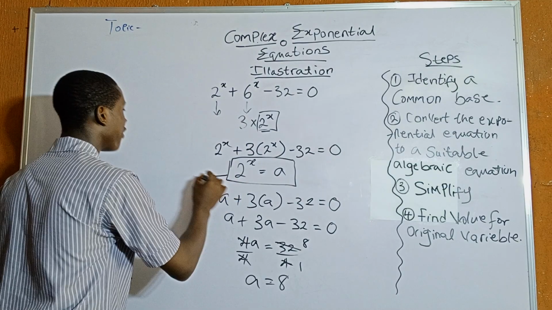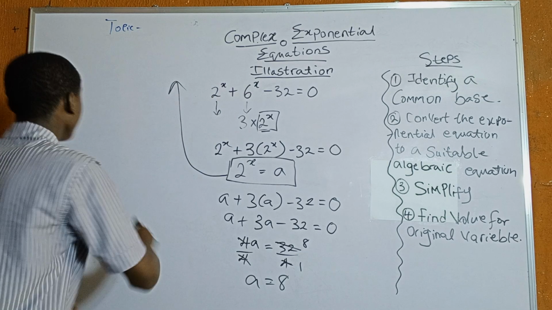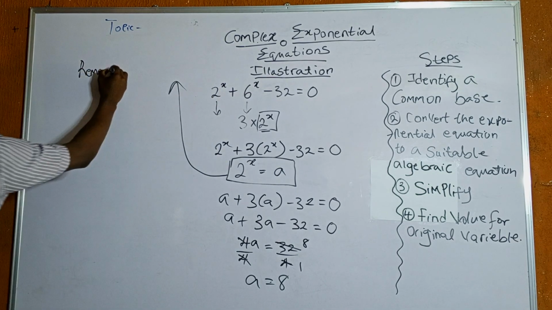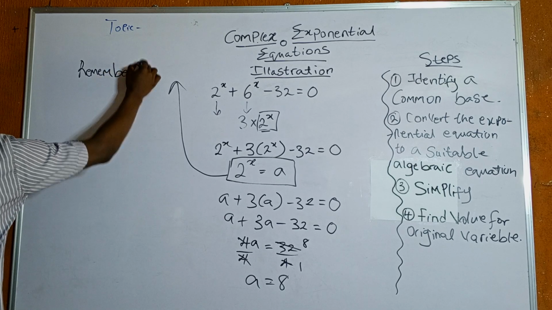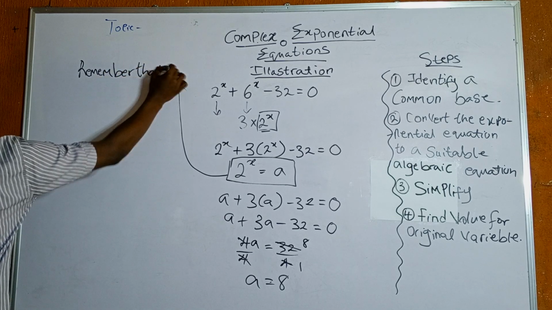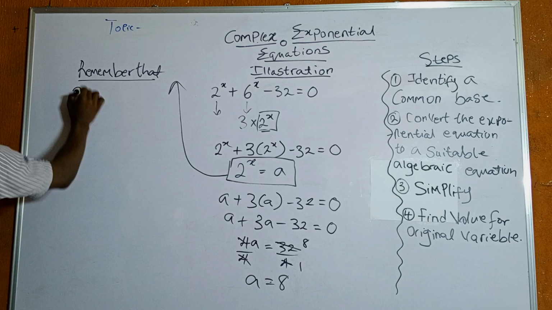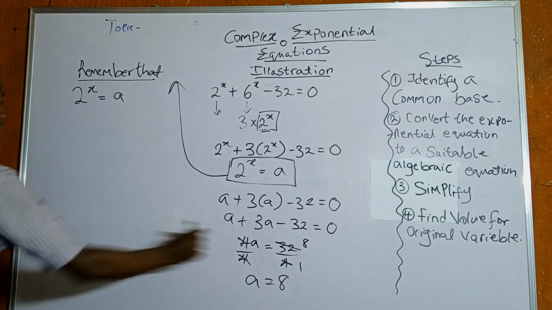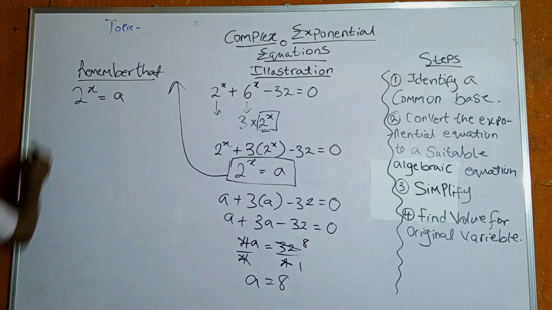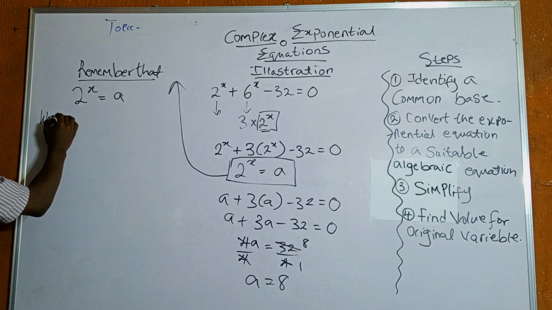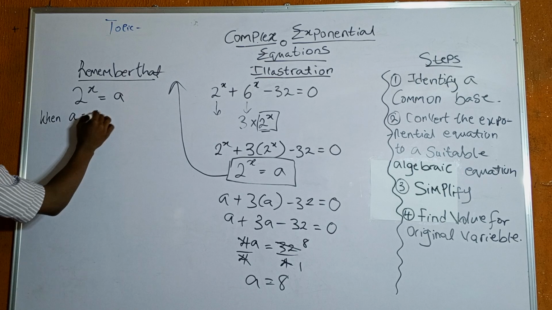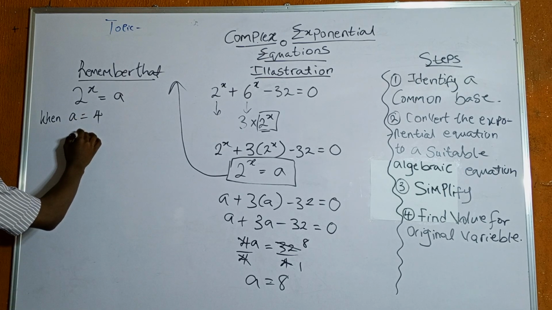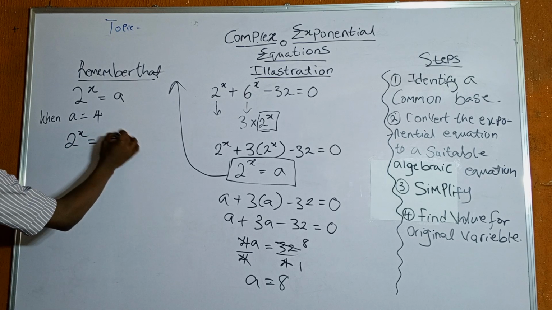Just bring out our former relationship and say, remember that 2 raised to the power x equals a, and substitute the value for a. So when a equals 4, let's find the value of x, which will be 2 raised to the power x equals 4.